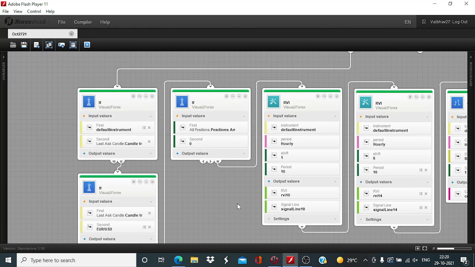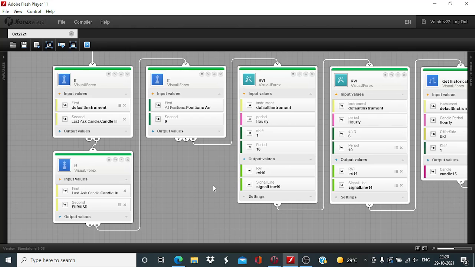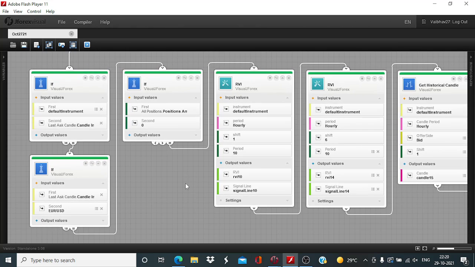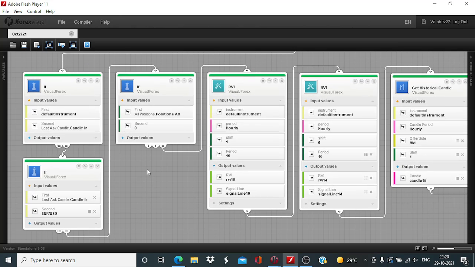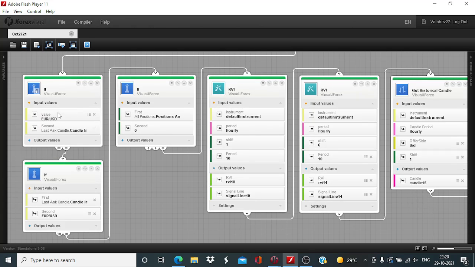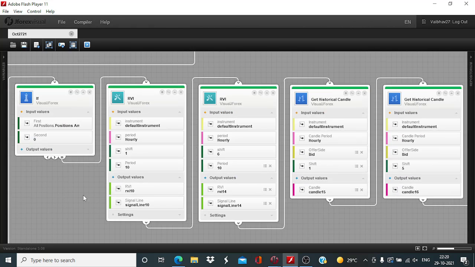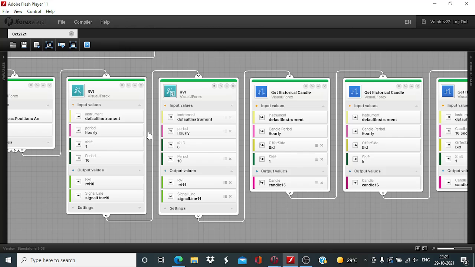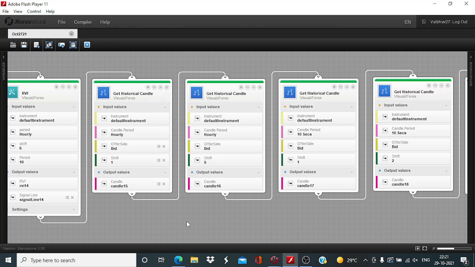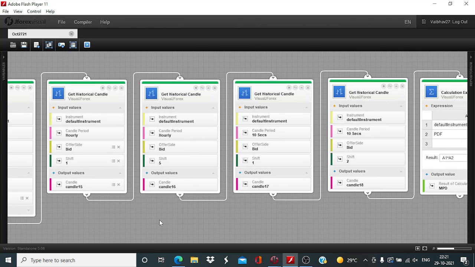In the last session, in the first part of this series, I had completed the structure so far, which includes this default instrument subscription where the instrument of choice is Euro USD. Afterwards, the position amount was defined. These RVI blocks of the hourly candle periods have been added with the default time period of 10 to look at the price action data, and also to make sure that there is enough momentum on the side of the trade.